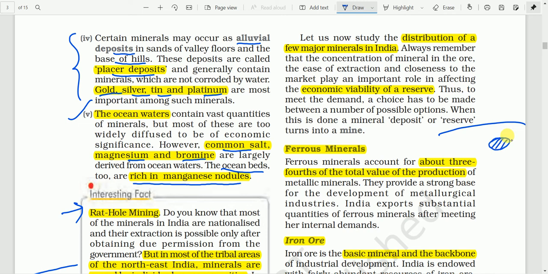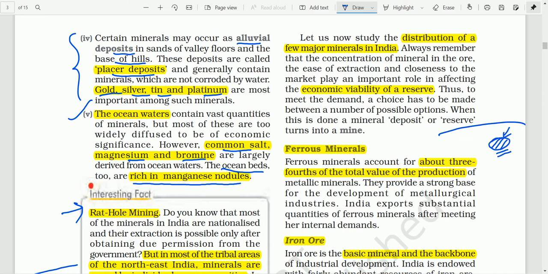If the quantity is very small, then it may not be economically viable, because to extract this mineral from the interior, we need skilled and semi-skilled labor, machinery, and capital. And if the quantity is small, then we may not get a profit.